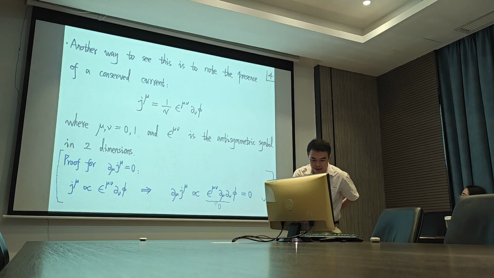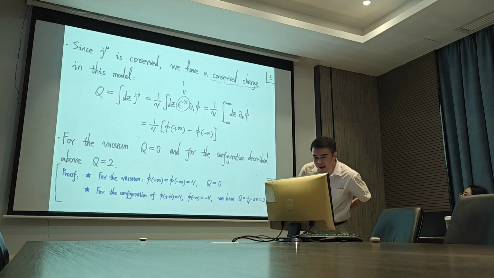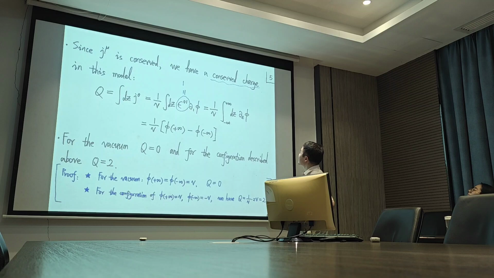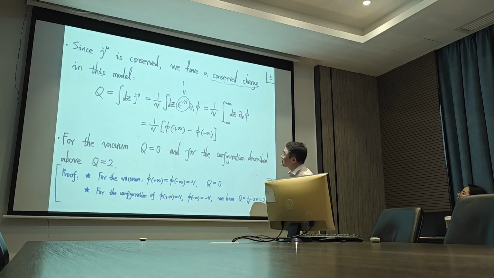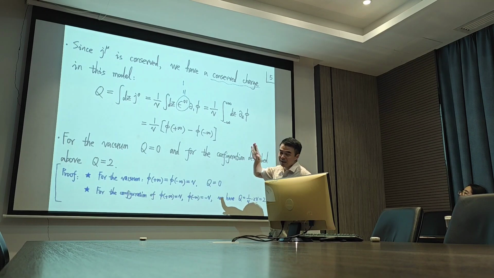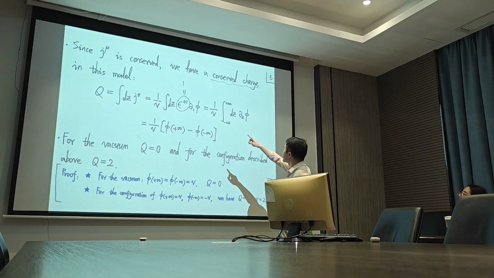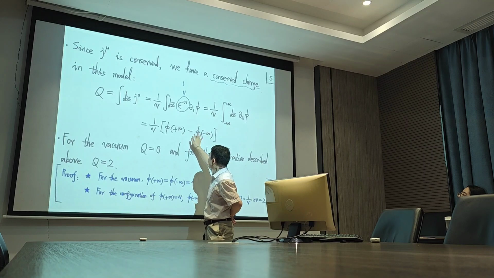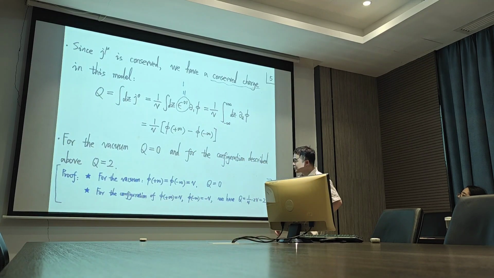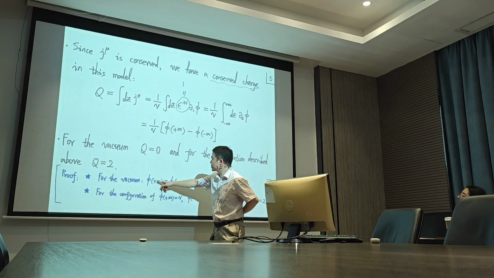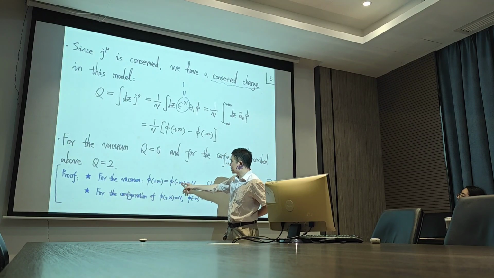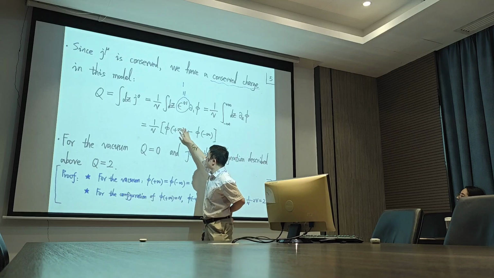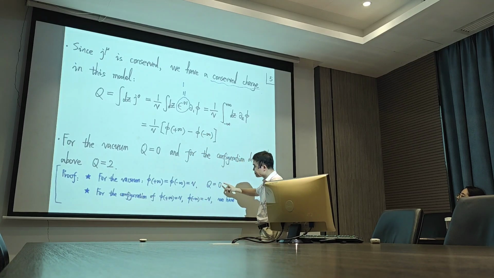Using this conserved current, we can define a conserved charge. The conserved charge is the space integral of the zero component. We can see this depends on the boundary values. For the vacuum configuration, the two boundary points are equal, so this part is zero, and the charge is zero.